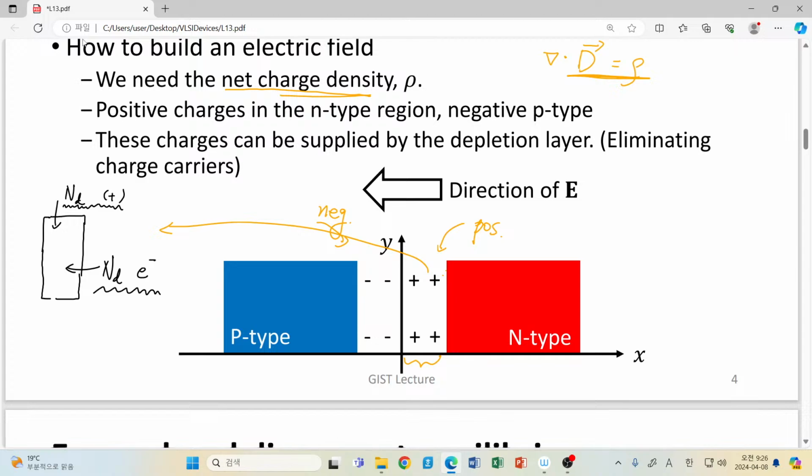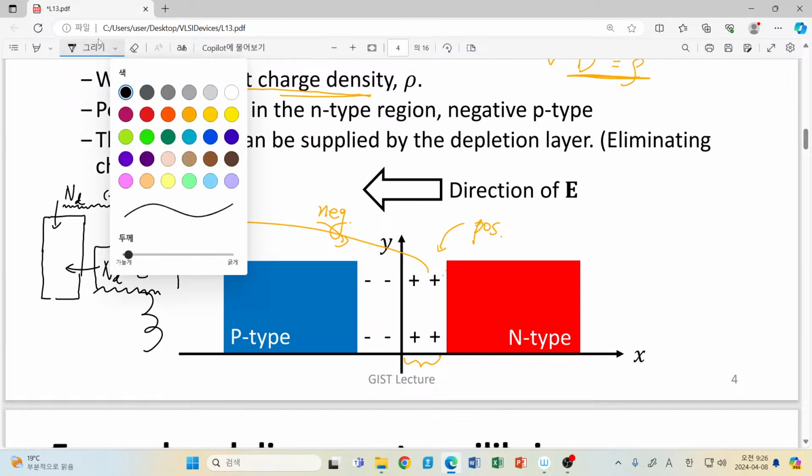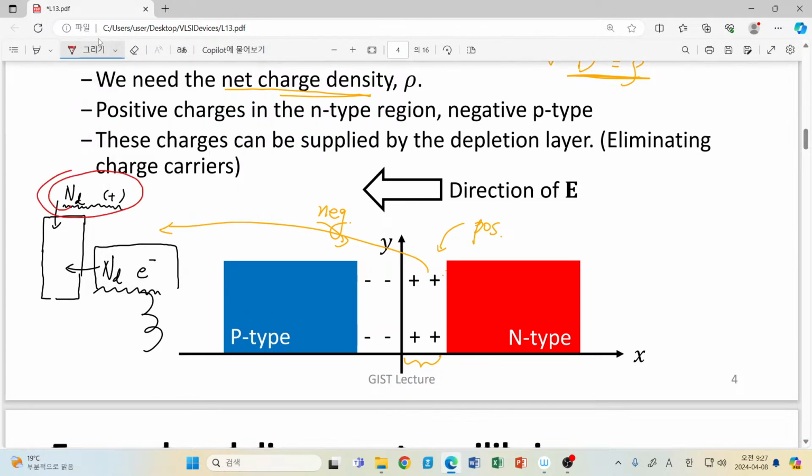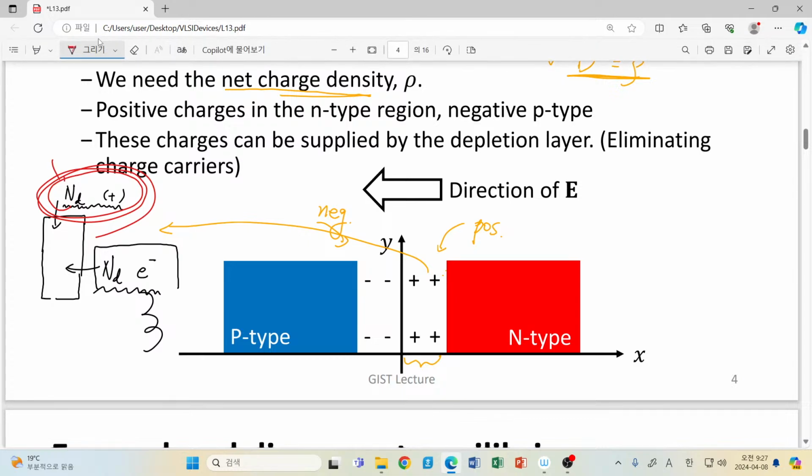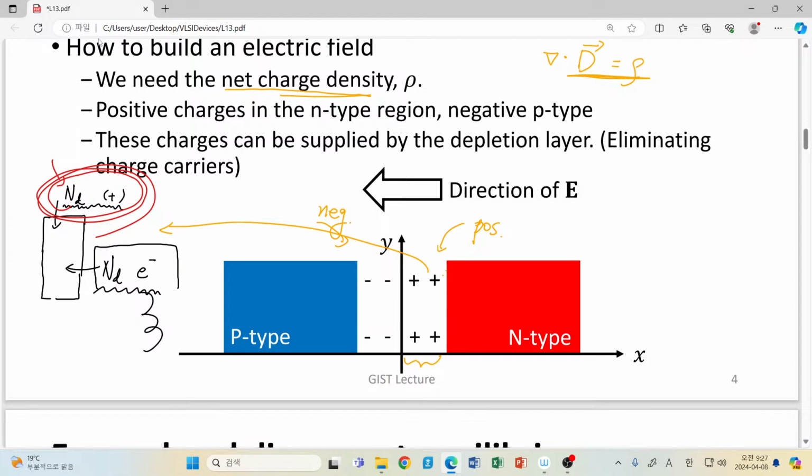However, if we assume that this mobile carrier called electron is removed from the near junction part, if we just eliminate this component, then the remaining component is just the one from our doping density, and this doping density originates from our atomic cores, and they never move, they just stay there, so they are called immobile. They cannot move, they are just fixed there.